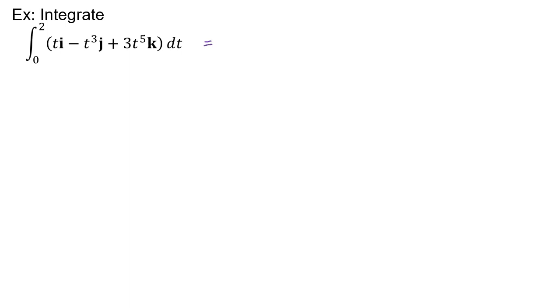These are just power rules, so that's kind of nice. The t becomes t squared over 2 i. The t cubed becomes t to the 4th over 4 j. And the 3t to the 5th becomes 3t to the 6th over 6 k. And we evaluate that from 0 to 2.